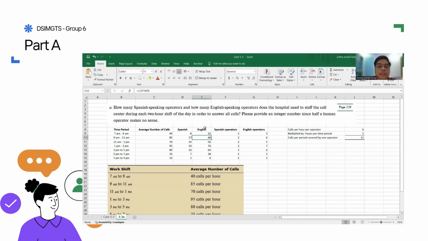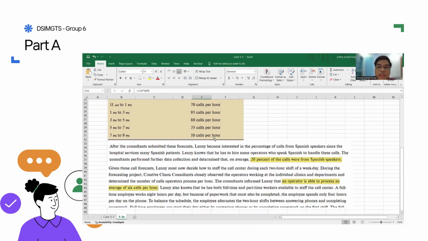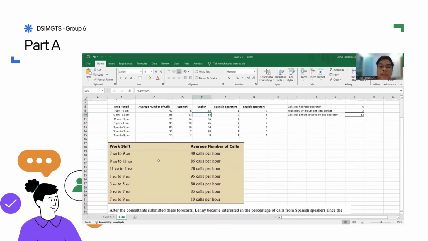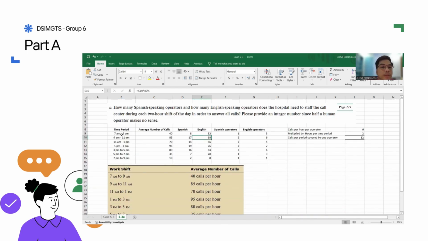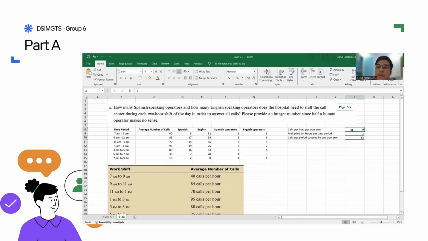And then to get the number of Spanish-speaking operators and English-speaking operators, let us see first another data that the problem gives us, which is an operator is able to process an average of 6 calls per hour. If we notice the time period is in 2-hour increments, so we calculate the calls per period covered by one operator in here.